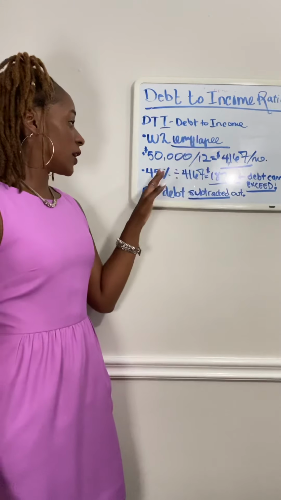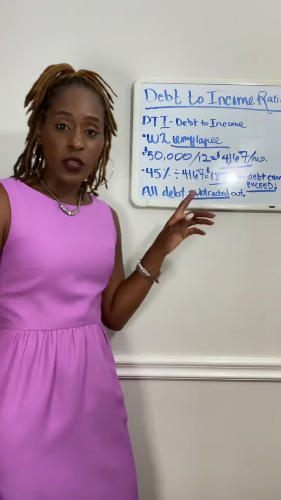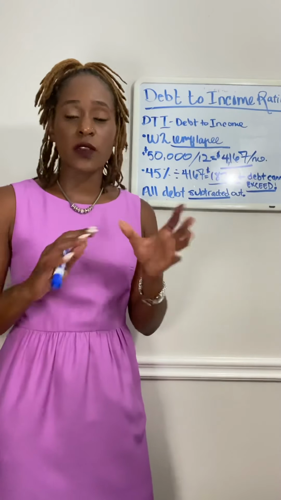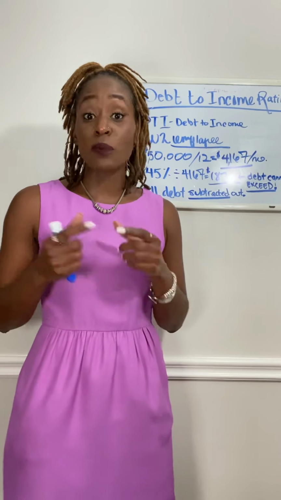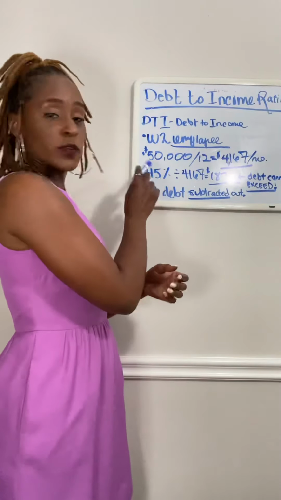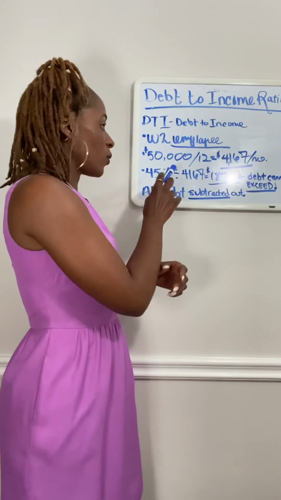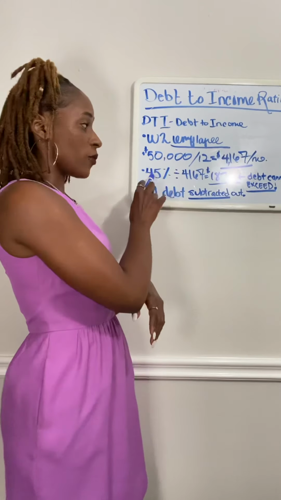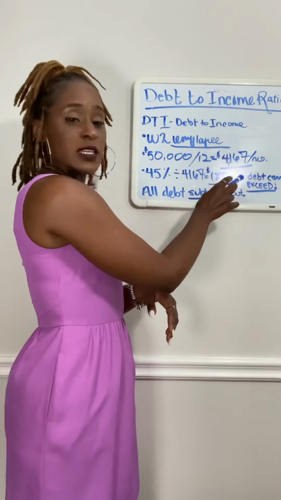$4,167 and multiply it by 45%. It depends on the loan product itself to really determine what percentage, but usually speaking, lenders will take about 45%. They want to see that your debt doesn't exceed that amount.